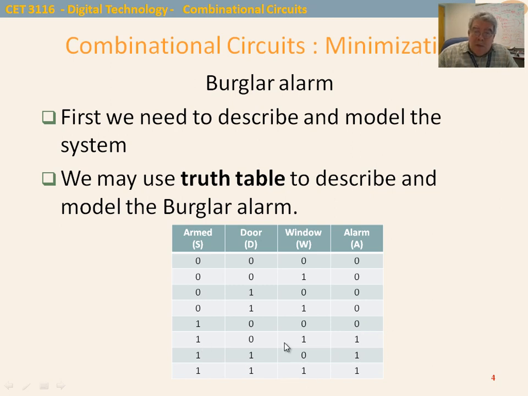Whereas if the alarm is active and we have a window disturbance, then absolutely we need to be sure that this is going to be a 1, or it's going to provoke the output to be active. Same thing if the door is 1, we have a 1 as well. Or in the case that we have both at the same time, we also have a 1.